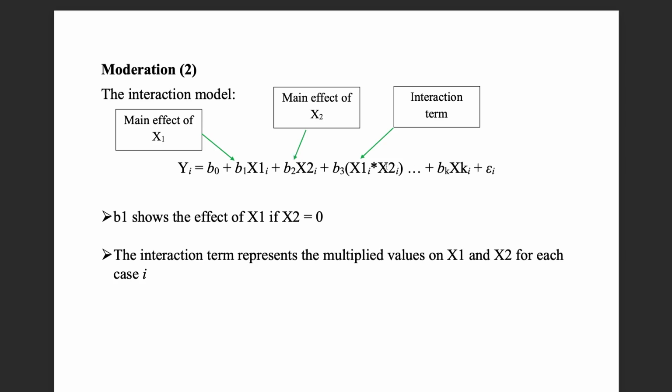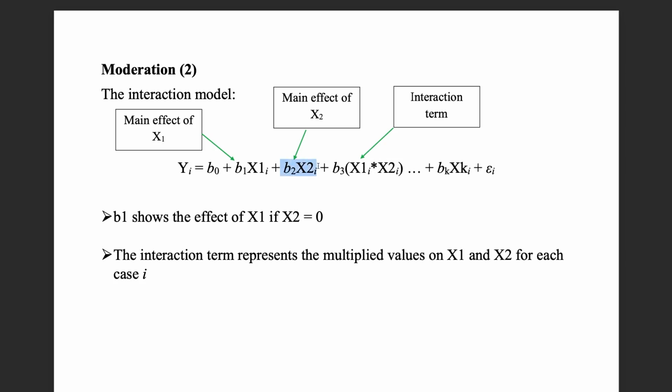And this term would also be x2 multiplied by x1. Well, if x2 gets the value 0, then this is 0 multiplied by whatever value we have on x1, which of course again multiplies something by 0 and you get 0. So this would always result in the value 0. And then we would multiply our coefficient b3 by 0, which means that this would also result in a 0.